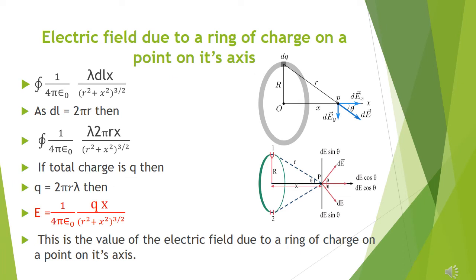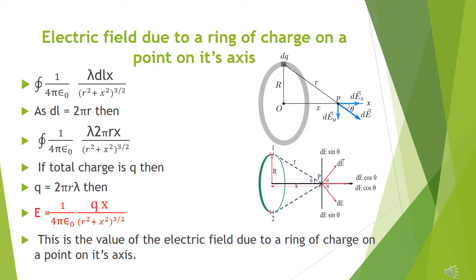Now the closed integral of dl equals 2 pi r, which is the circumference of the circle. So the closed integral becomes 1 upon 4 pi epsilon naught lambda 2 pi r x upon r square plus x square to the power 3 by 2. If the total charge is q, then q equals 2 pi r lambda.